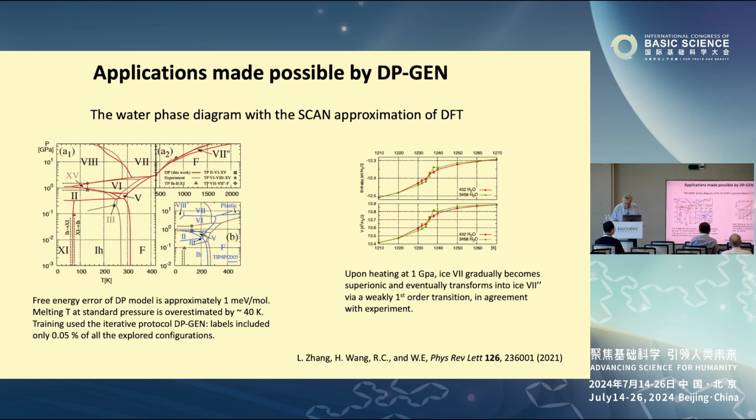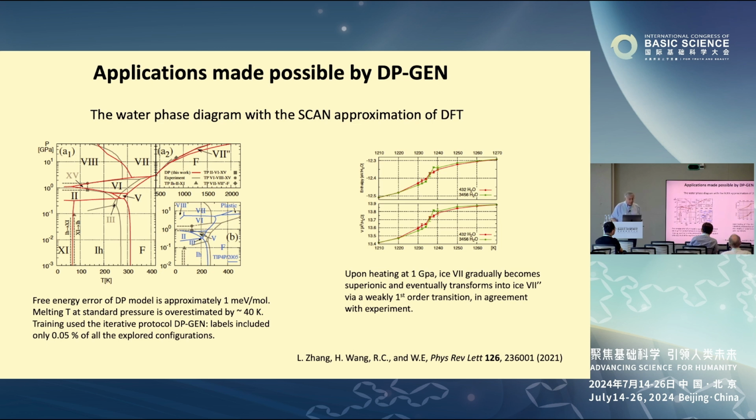So that was one application that was made possible by DPGen, because without having DPGen, we would not have been able to do all the calculations that are necessary to describe this system in this vast range of thermodynamic conditions.